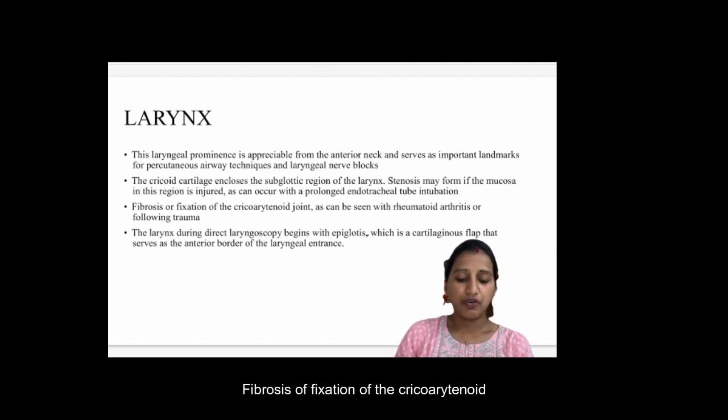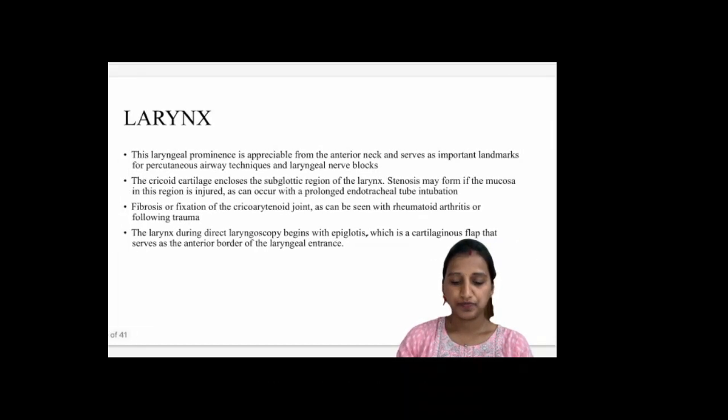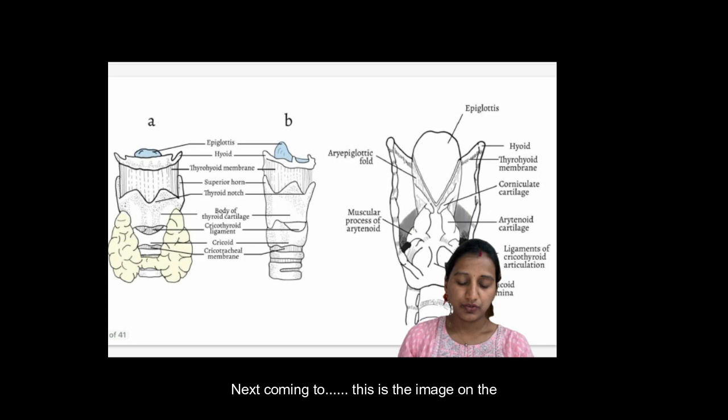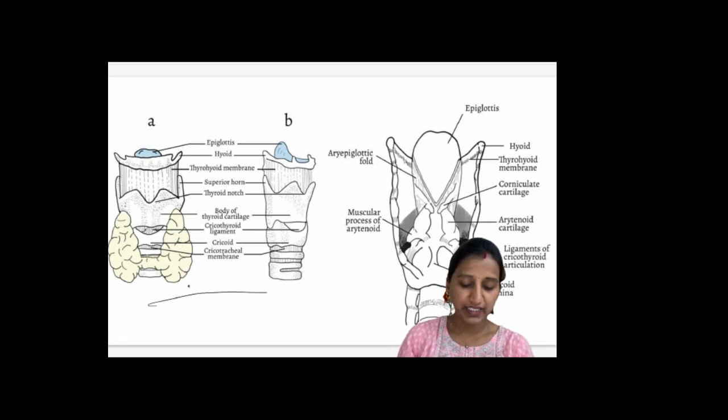Fibrosis or fixation of the cricoarytenoid joint, as can be seen with rheumatoid arthritis patients or following trauma, must be kept in mind in such cases, anticipating difficulty. The larynx during direct laryngoscopy begins with the epiglottis, which is a cartilaginous flap that serves as an anterior border of the laryngeal entrance.